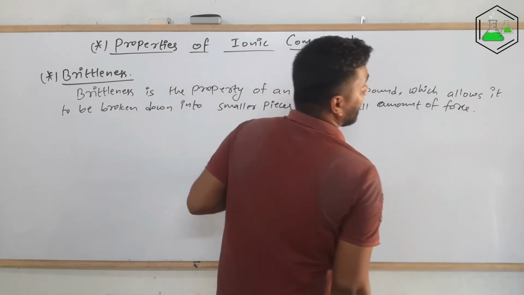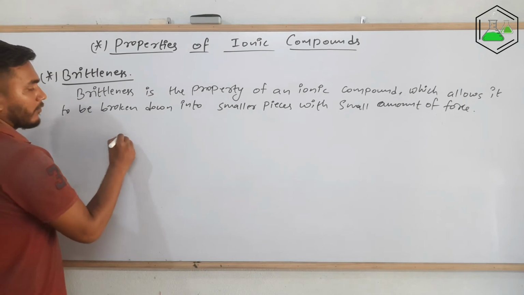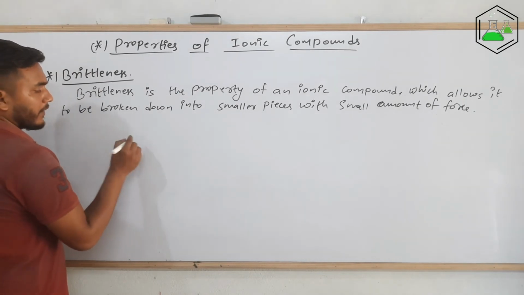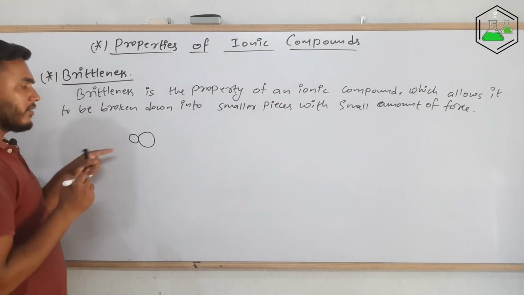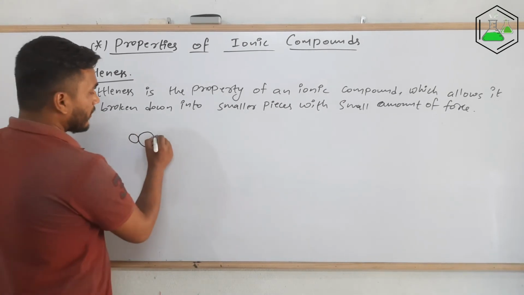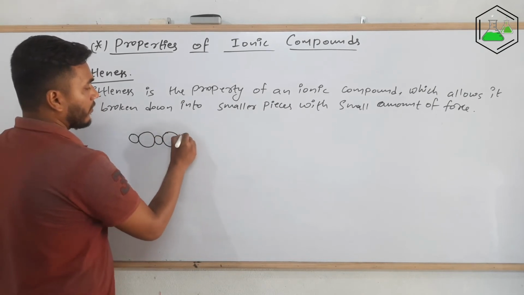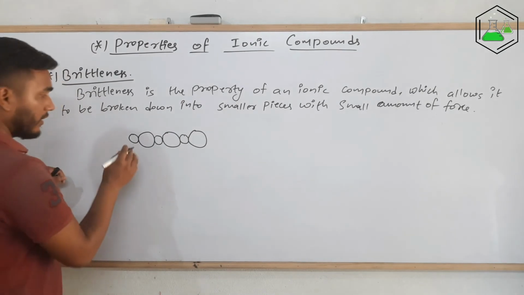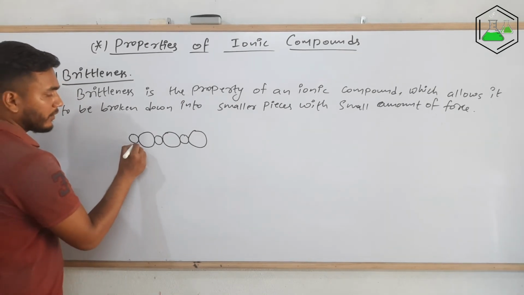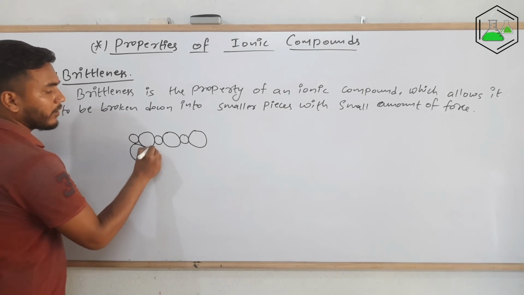Now if we see the lattice structure of ionic compound, then it is like this. There will be positive ion, let me draw it, positive ion, negative ion. Negative ion is generally larger in size. Then there will be positive ion, negative ion, positive ion, and negative ion. This positive ion will be attached with a negative ion, and this negative ion will be attached with a positive ion.